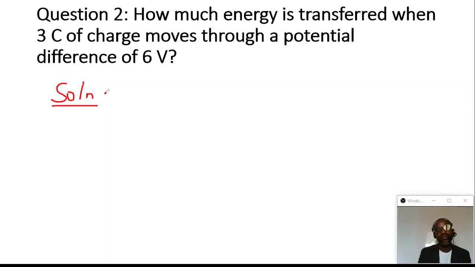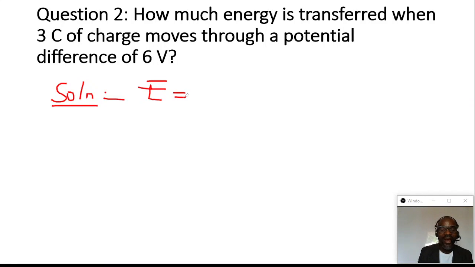Solution. So what we need to do, let's just know what the question contains. How much energy is transferred when 3 coulombs of charge move through a potential difference of 6 volts? First of all, we want to find energy E. Energy E is unknown at this point in time.